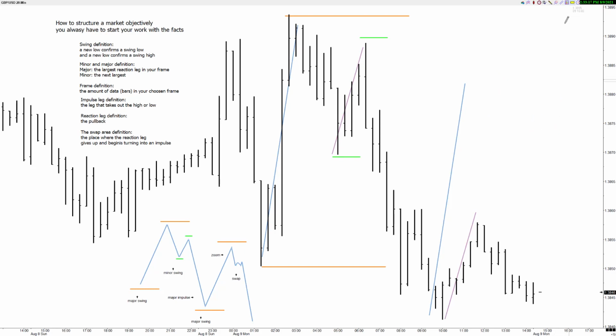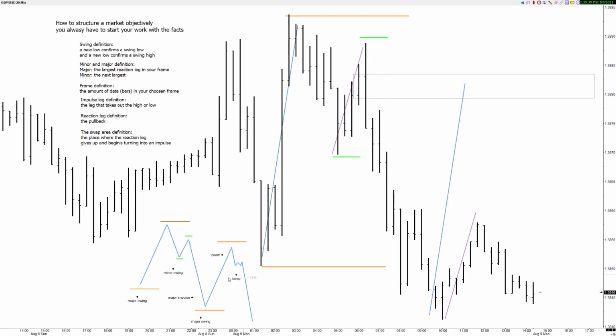Now, in this case, you just follow it back up, right? See how it's floating, and it's right in here. This is where it went from this one bar, it pretty much just went straight down. So that's the swap area.